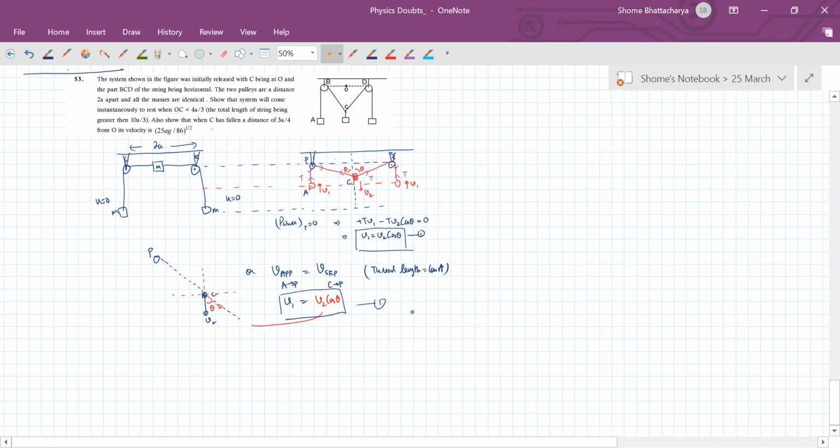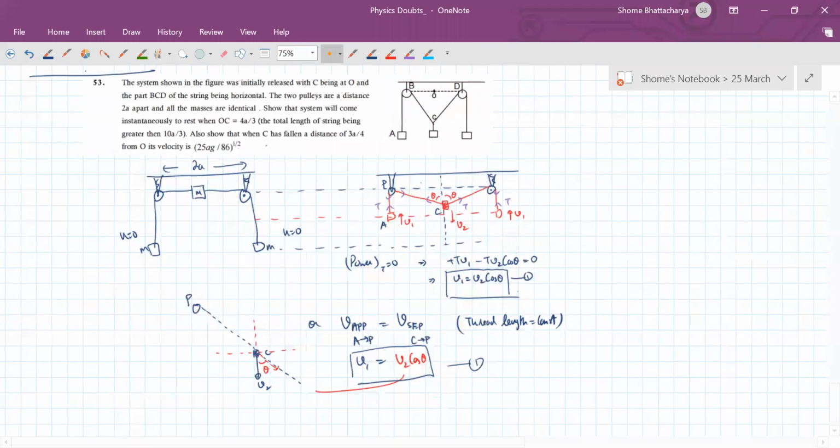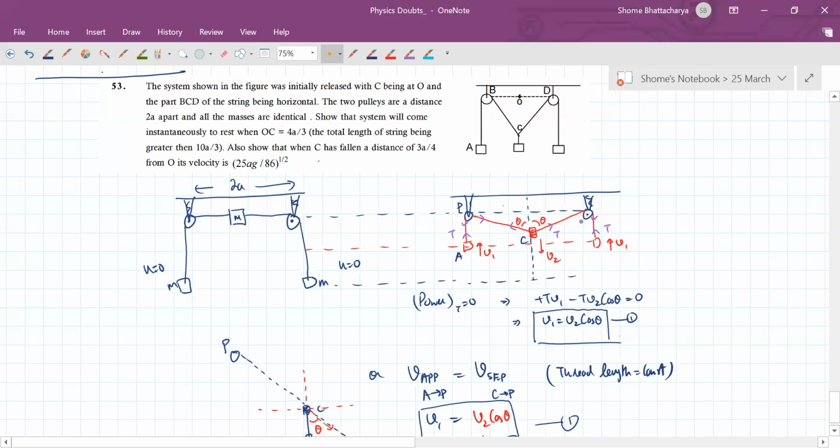Okay, the next thing is work by energy. So for work by energy, we have to understand that if this block C has come down through a displacement, I'll just draw another diagram.